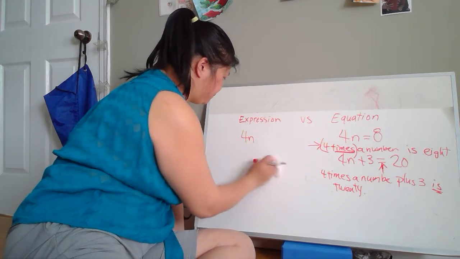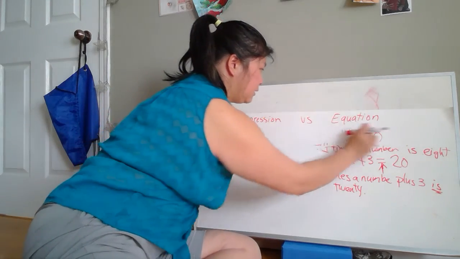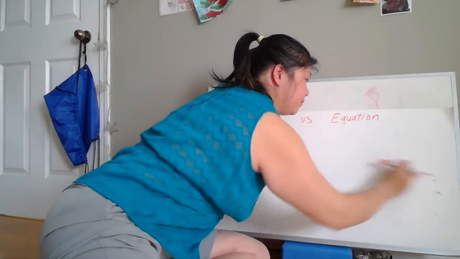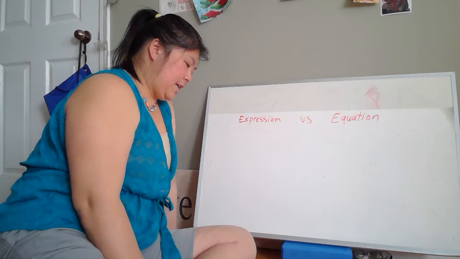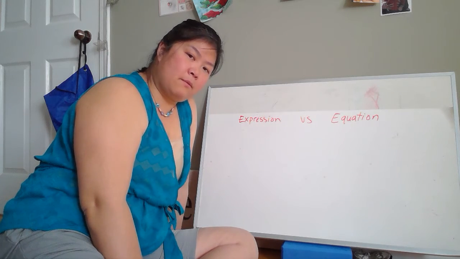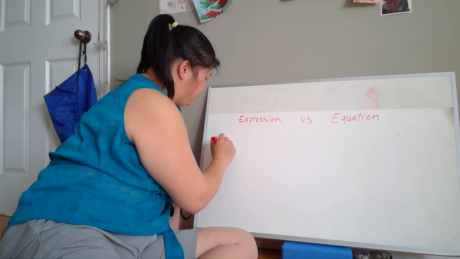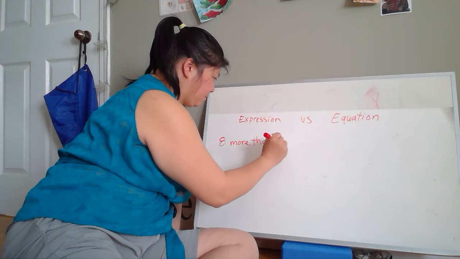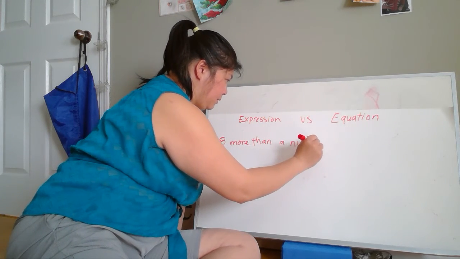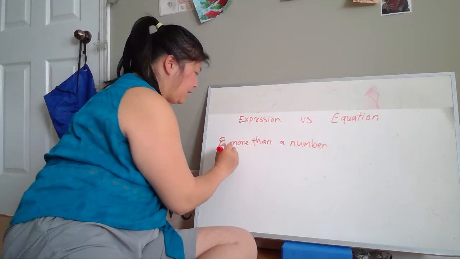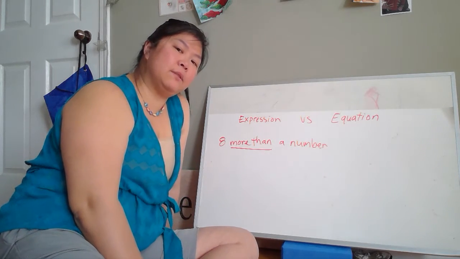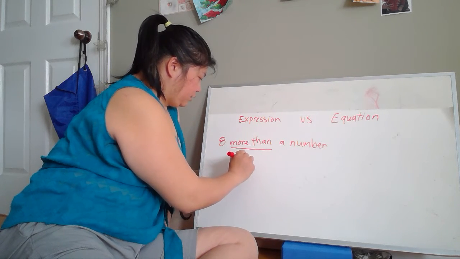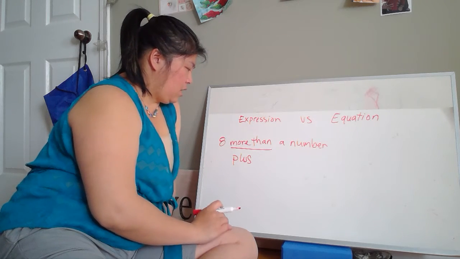For example, I'm going to read out: 8 more than a number. When you see more than, similar to times, these are words you need to find in the sentence to know what it means.